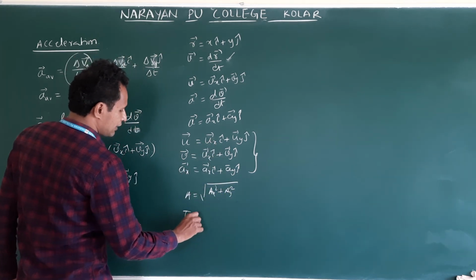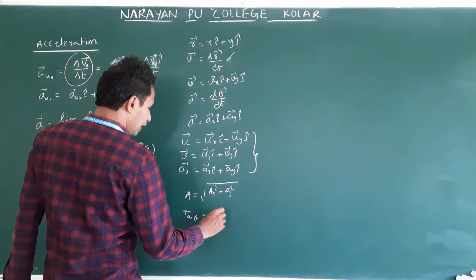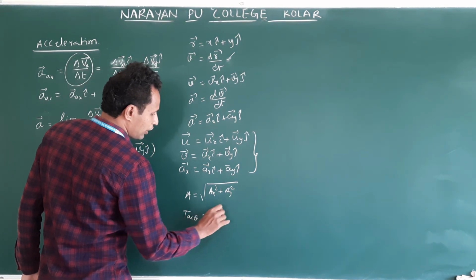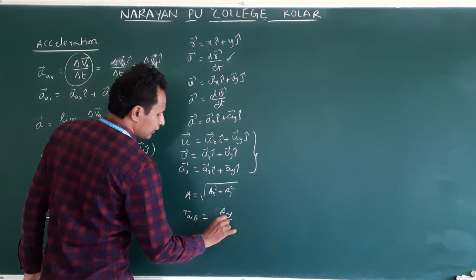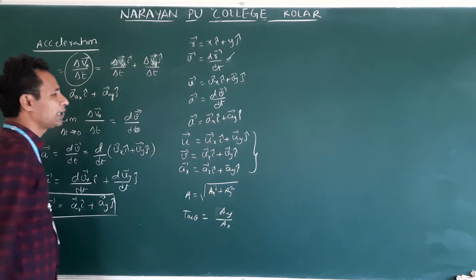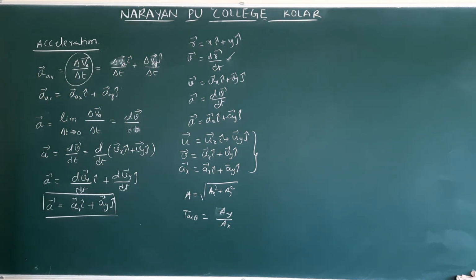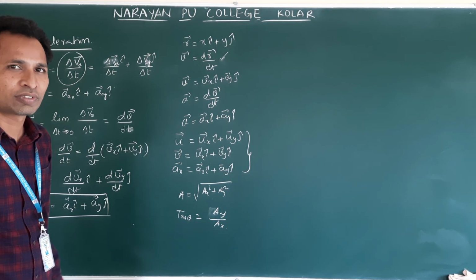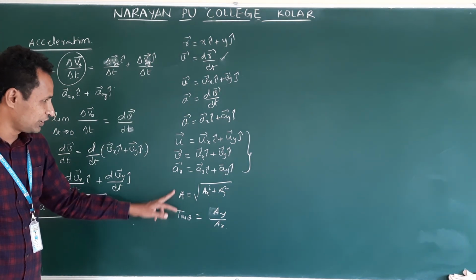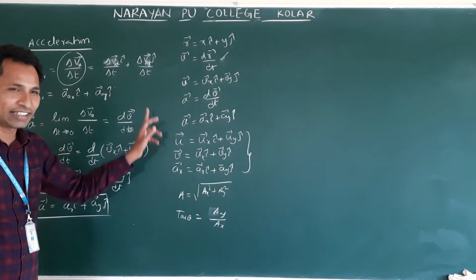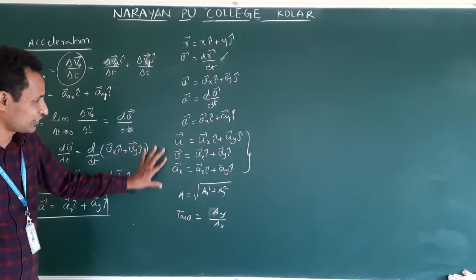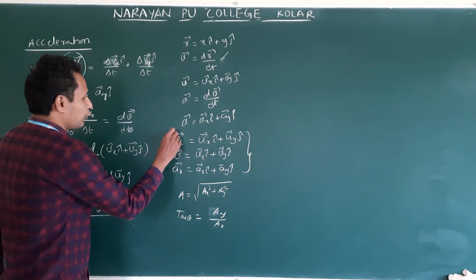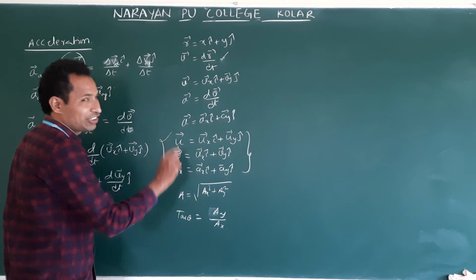And direction, tan theta is equal to Ay by Ax. Following this formula, we will get magnitude and direction. Using these two, we will find the directions and magnitudes of these three vectors.